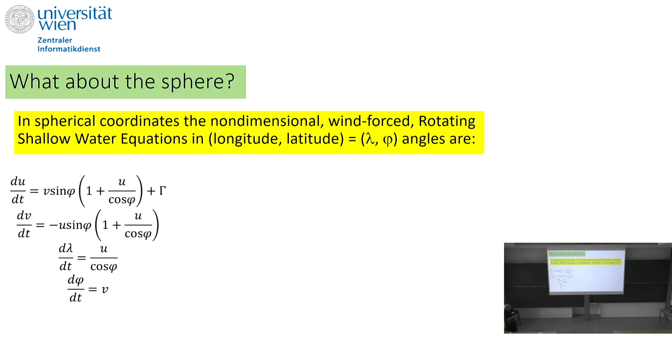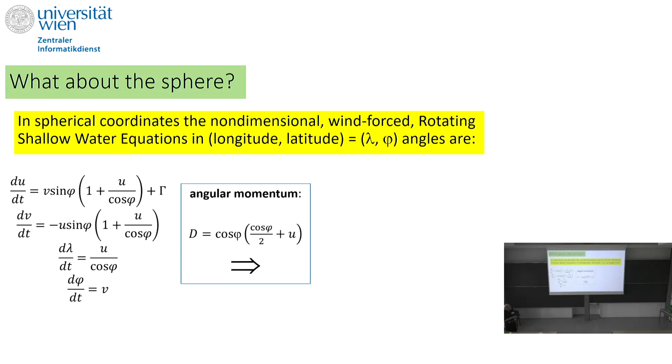So these equations without gamma have a conserved quantity called the angular momentum, which is again given by the analog of what I showed you with the pseudo angular momentum. This is just the radius at the latitude phi. So think about the sphere at the latitude phi.